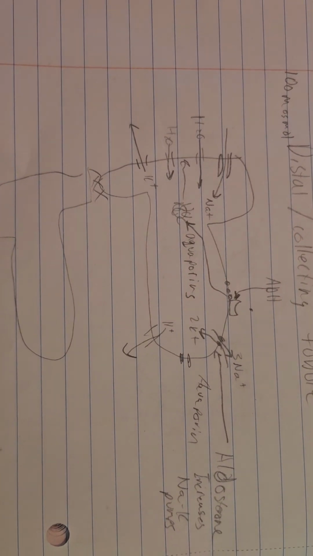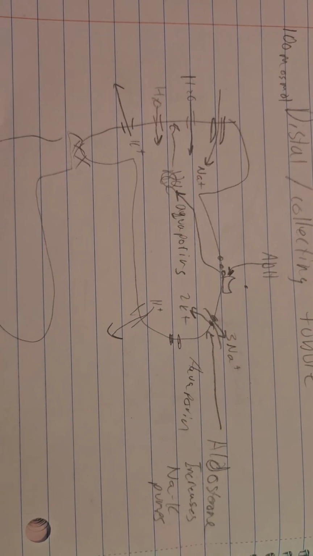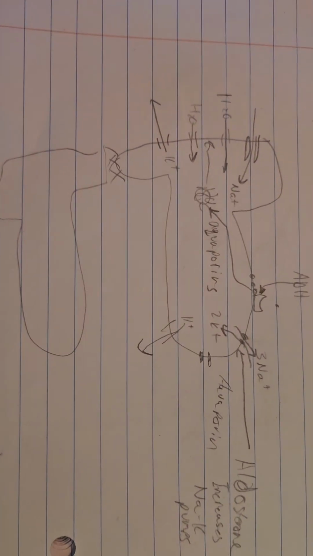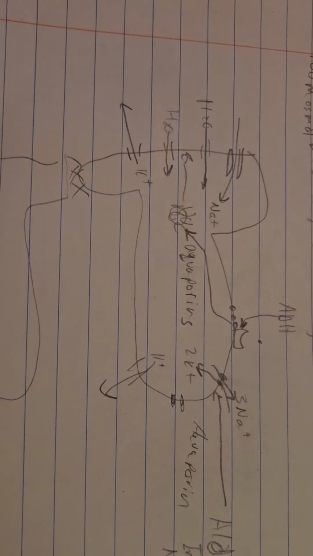In the distal collecting tubule, you can see that it is tightly regulated by ADH and aldosterone. Aldosterone will increase sodium potassium pumps, and ADH will cause the release of aquaporins.